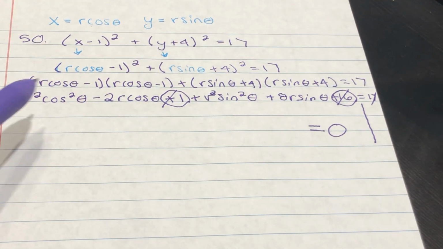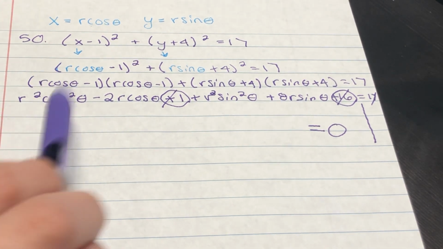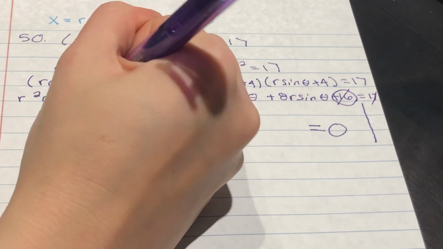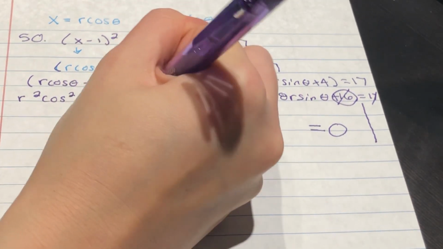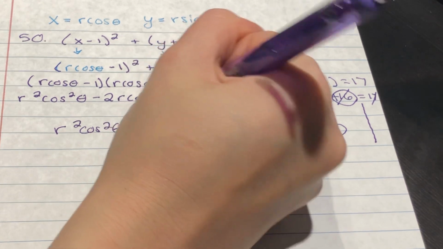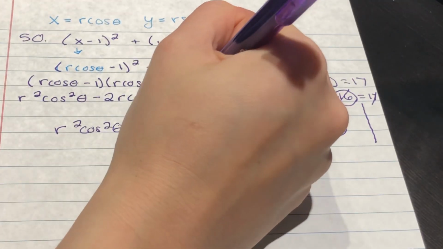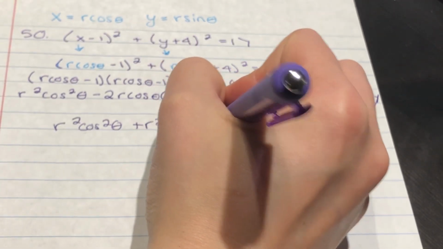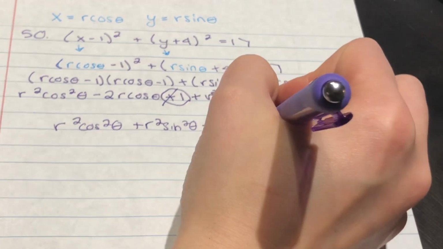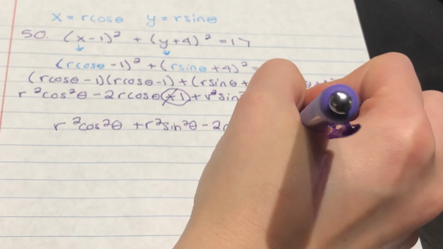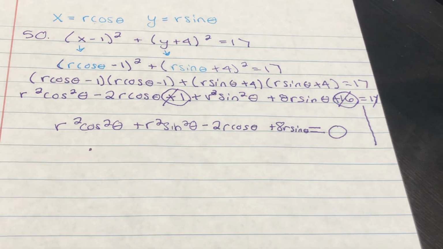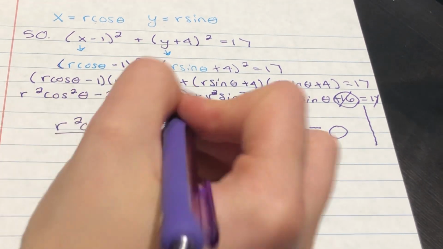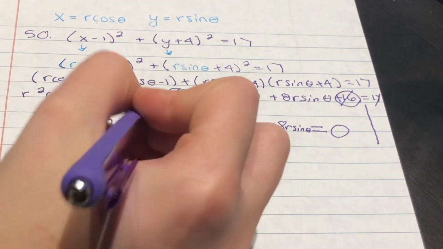All right, now I look at my other stuff. I'm going to bring together this one and this one, just like we did in the last one. So I'm going to write r squared cosine squared theta plus r squared sine squared theta. I'm going to bring those together, minus 2r cosine theta plus 8r sine theta. All I did was rearrange the order so that I can get these two together so I could factor out my r squared.